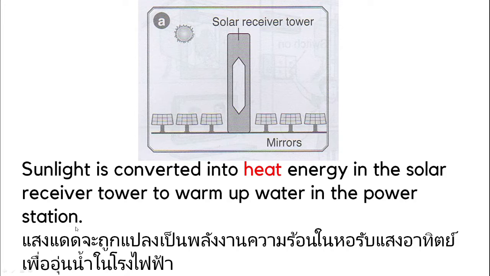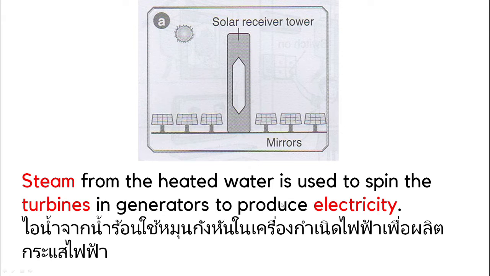So from solar energy, which is from the sun, there is the sunlight, it's a light energy, it is converted into heat energy to warm up the water in the power station. Steam from the heated water is used to spin the turbines in generators to produce electricity.